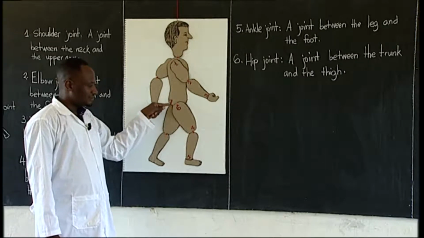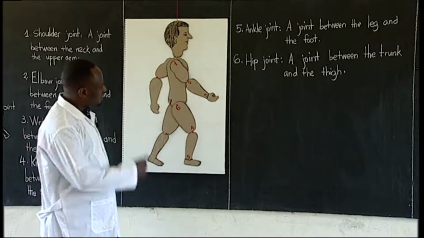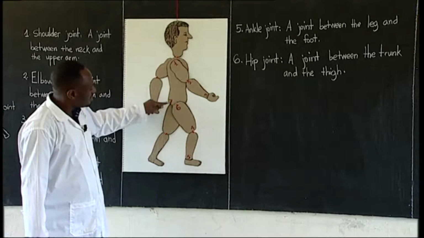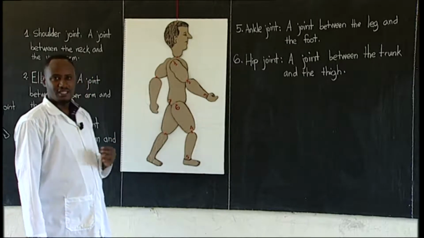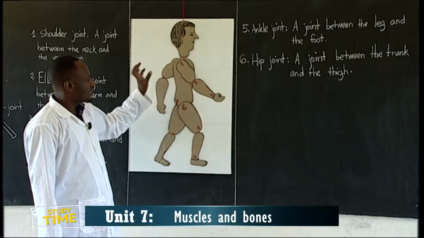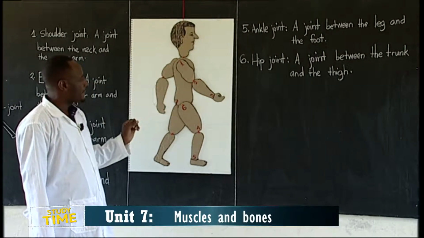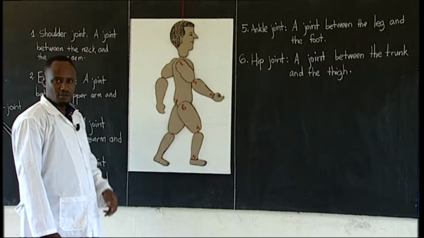So that joint is also there around the tail bone. We shall not name that one. Let's leave that one for the next lesson. But those are the joints we are going to talk about today. There are others in the body, but specifically we are talking about these.